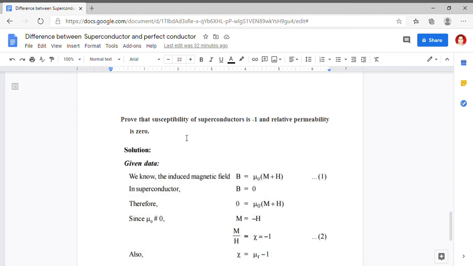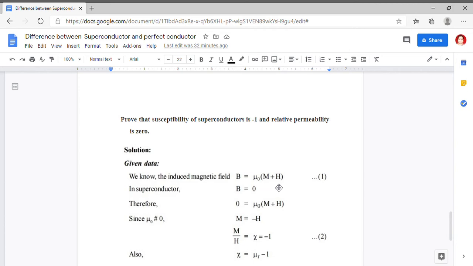I am going to derive that susceptibility of superconductor is -1 and the relative permeability of superconductor is 0. We know the relation between B, M and H is B equal to mu0 times (M plus H).